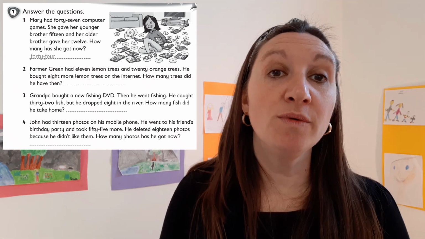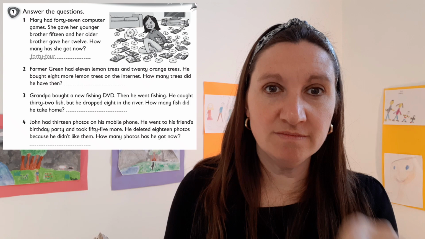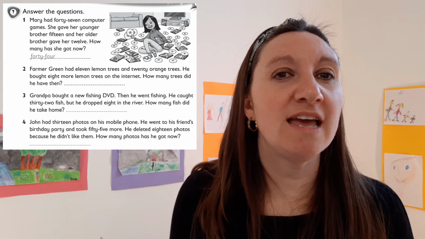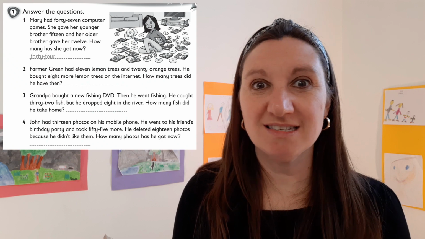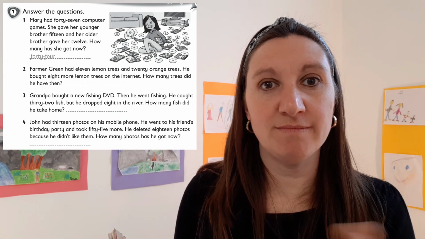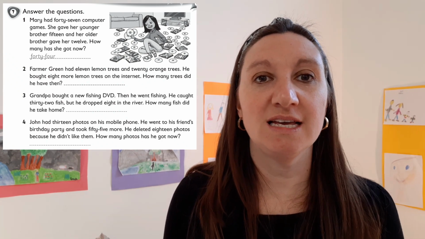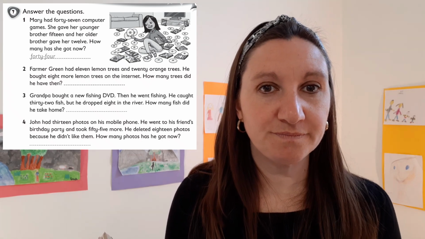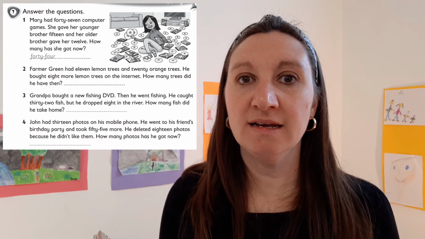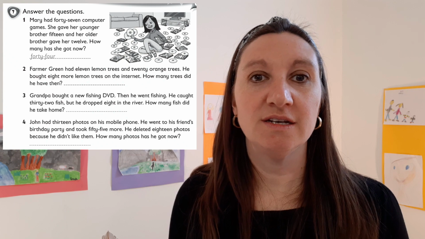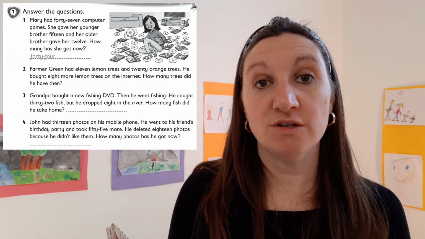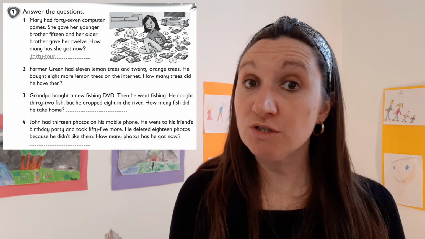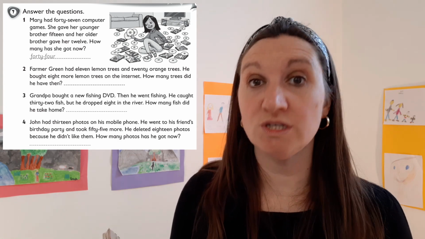Okay, so we can write 47, and she gave her brother 15, which takes us down. So 47 minus 15 is 32. And then we add 12 onto the 32, and 32 plus 12 is 44.